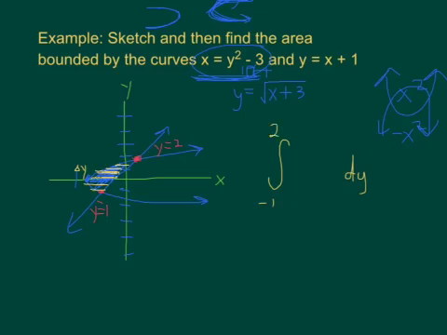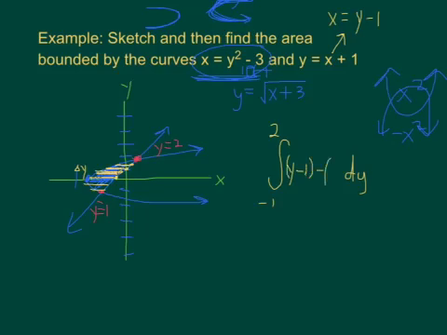Now here we're going to start with the more positive, so the one on the right, the difference between that and the one on the left will guarantee that we always get a positive area. So again, looking at the difference between the functions. So I'm going to rewrite this linear function as a function of y. It will say x equals y minus 1. Now what you can do with this one is worry about your setup and then use your calculator to evaluate.